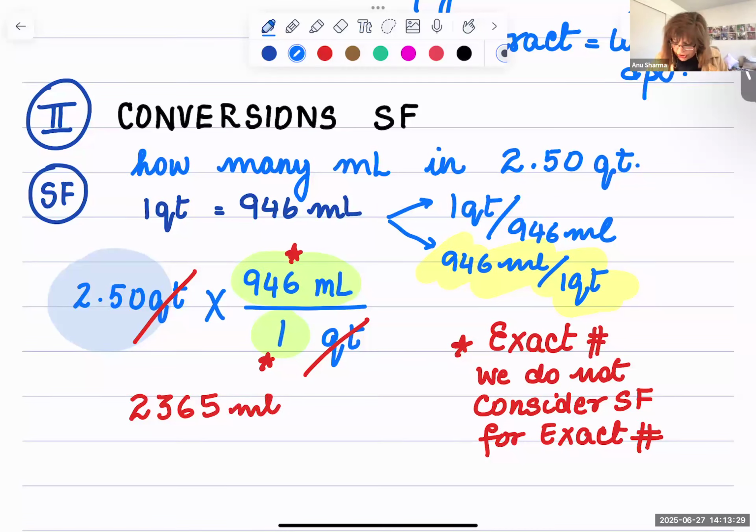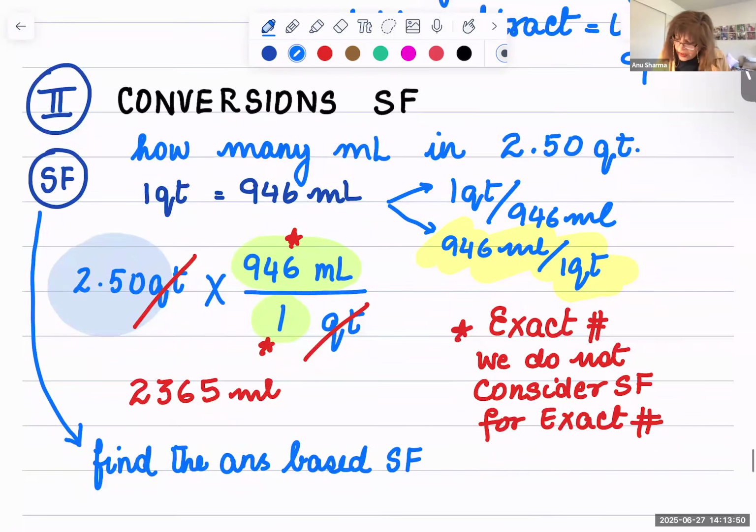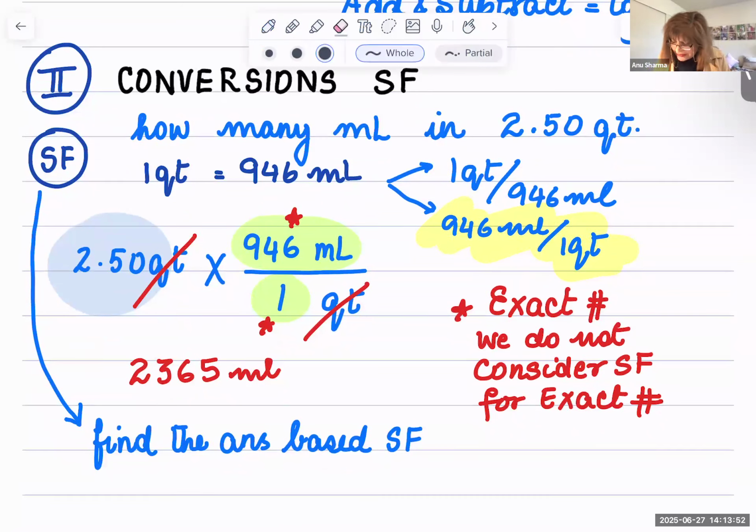But since the question has specifically stated to calculate the answer based on the significant figures, how can you make this three significant figures? Otherwise this answer, 2365 milliliters, is right.